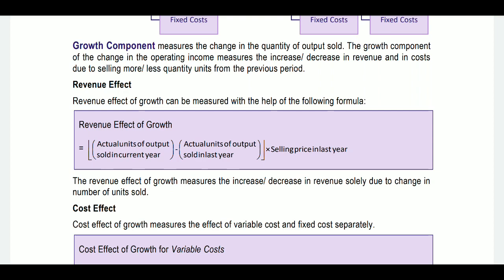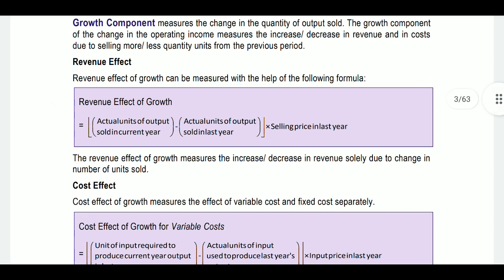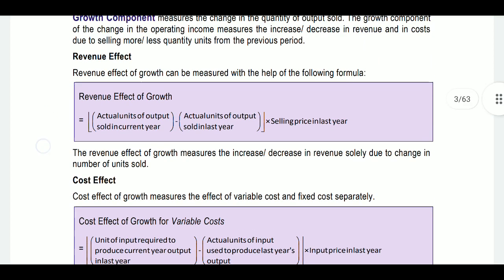So the revenue effect formula and the cost effect formula will be as follows. Revenue effect formula: actual units of output sold in current year minus actual units of output sold in last year, into selling price in last year.